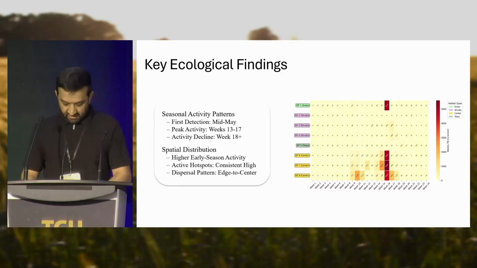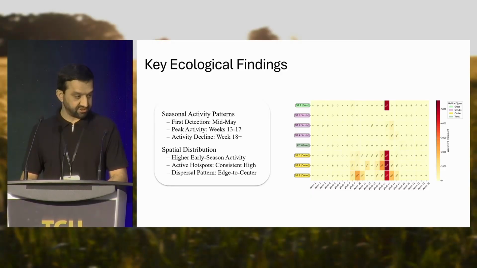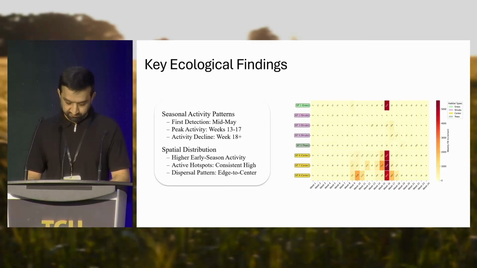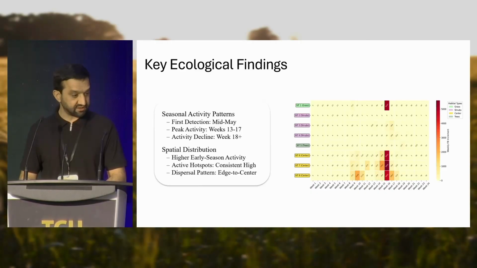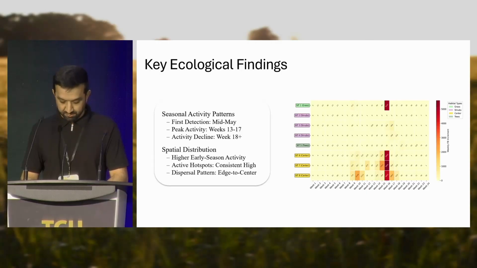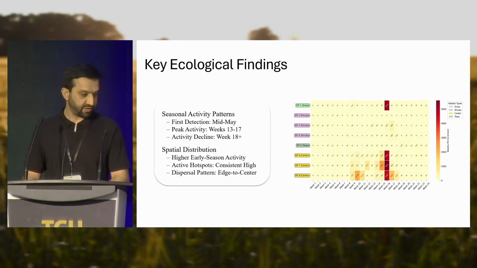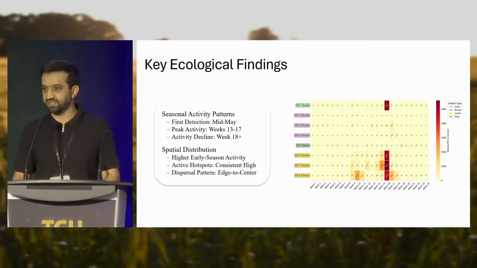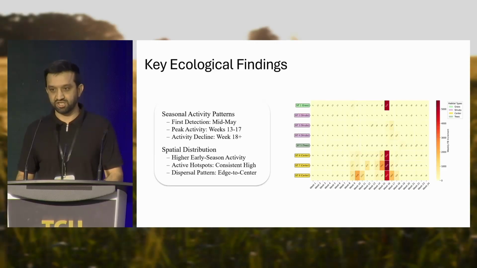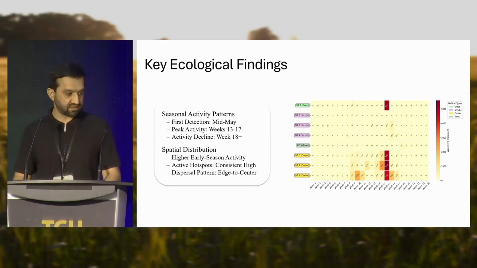So these are some of the key findings of our research. Regarding the temporal patterns, flea beetle consistently emerged in mid-May, which is labeled as week 2 in this heat map. These emergences were triggered by specific humidity and temperature thresholds, which I'll talk about in the next slide.